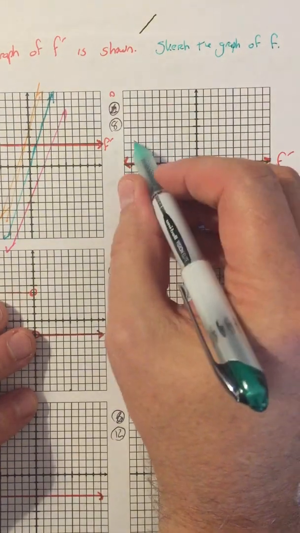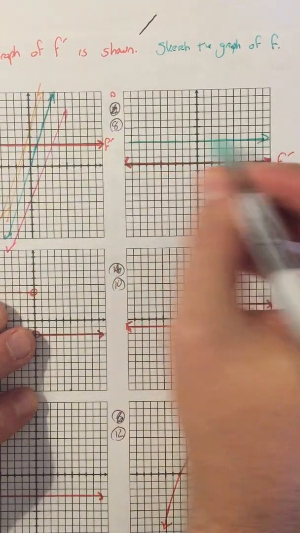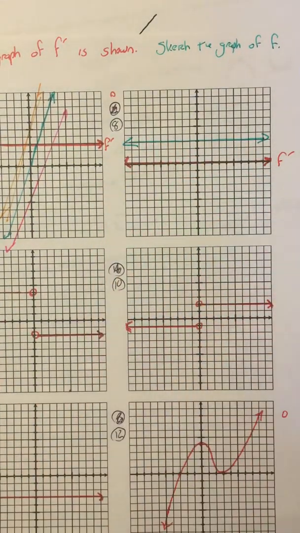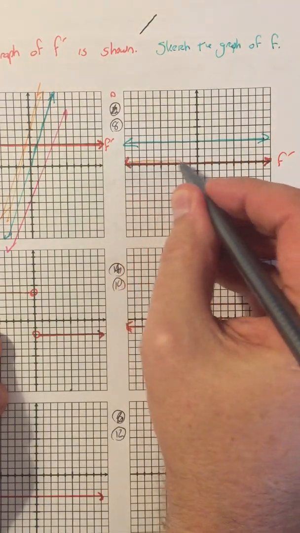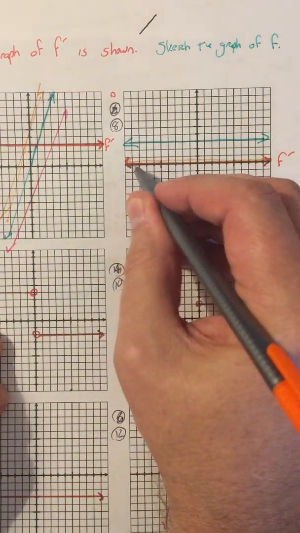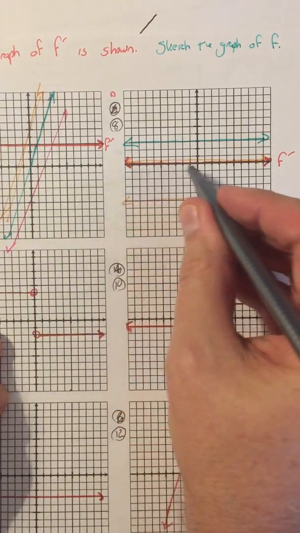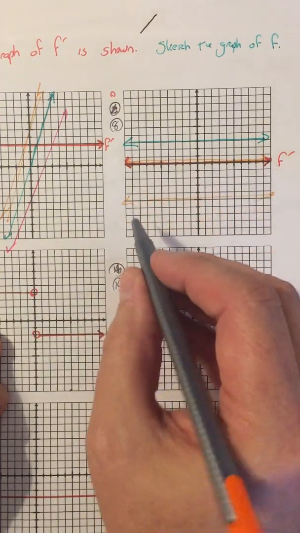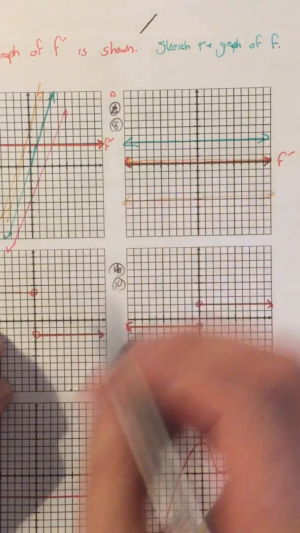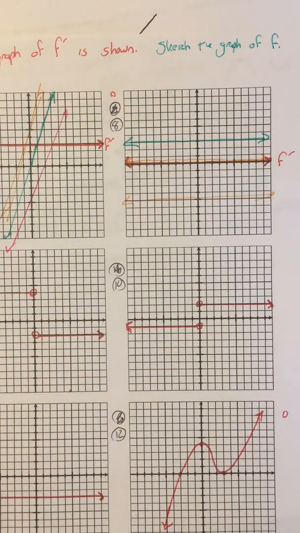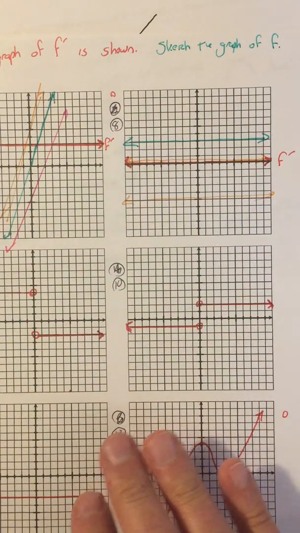So f is a constant function. F could be the same function, or it could be negative, it could be anything. But we know when f prime is constantly 0, that f has constantly a 0 slope. Therefore, f is a constant function.